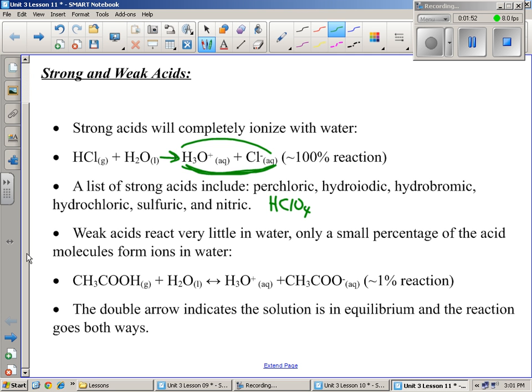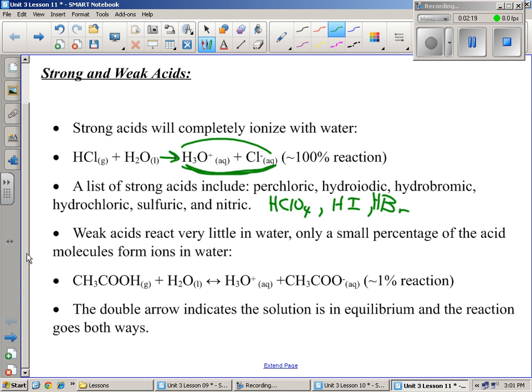Perchloric comes from hydrogen perchlorate, hydroiodic, hydrobromic, HBr, right?